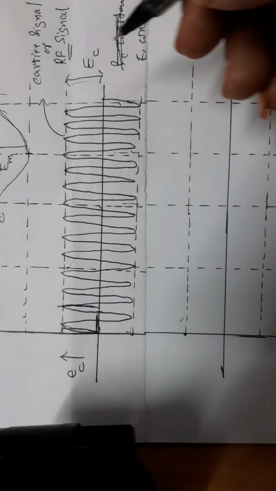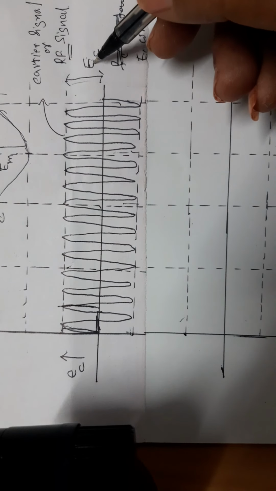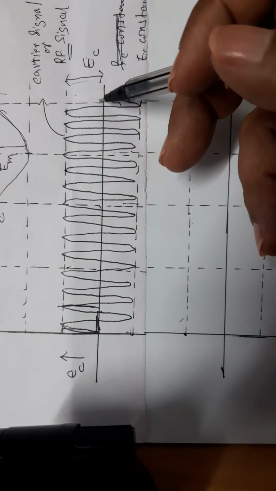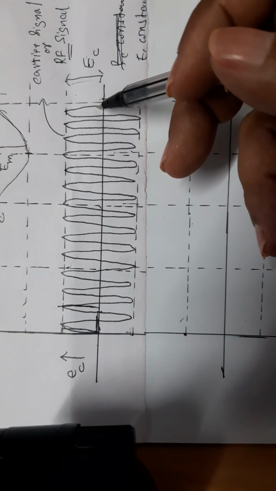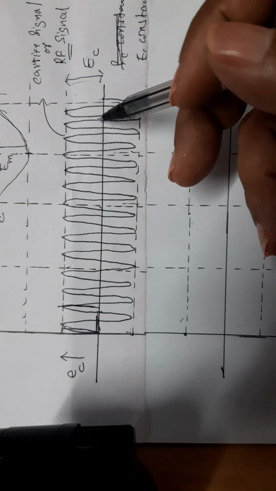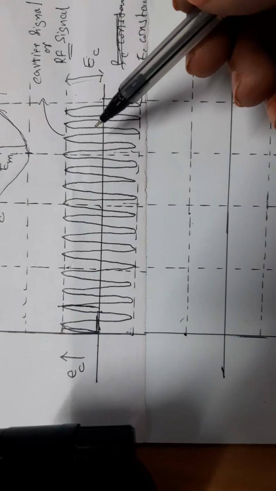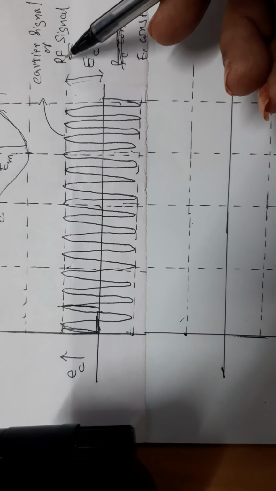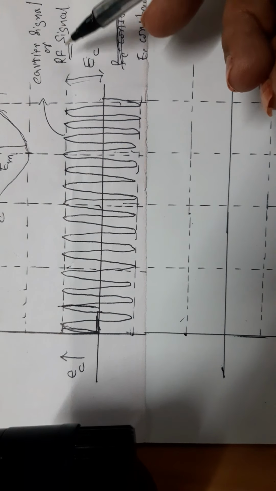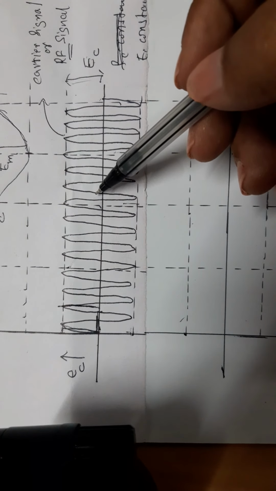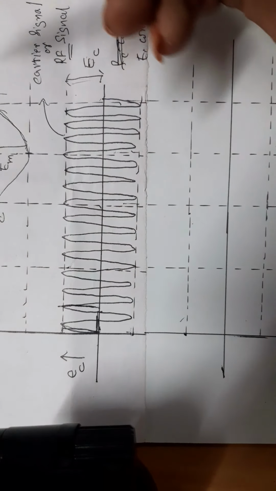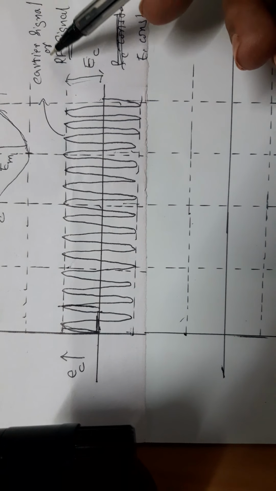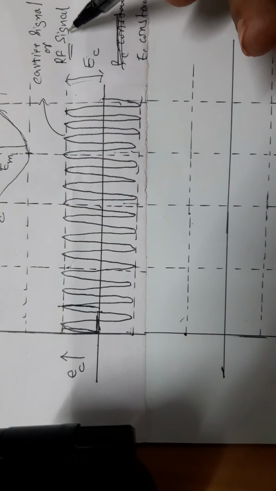This high frequency wave is used for the purpose of radio communication, and hence it is called a radio frequency signal. Since this high frequency signal carries our message signal, it is also called the carrier signal. Both are the same, carrier signal or RF signal.